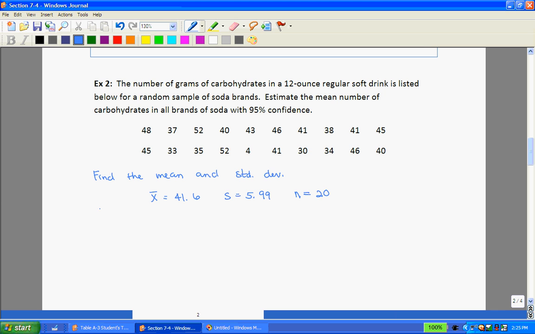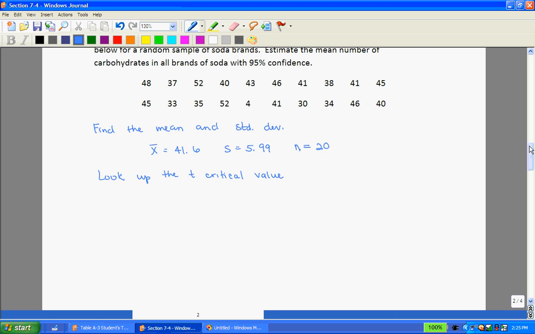Now the next thing I need to do is look up the t critical value. Okay, now because it didn't specify being bigger than the mean or smaller than the mean the way we had in the previous problem, right tail, left tail, we're just going to look up and assume this is two-tailed.